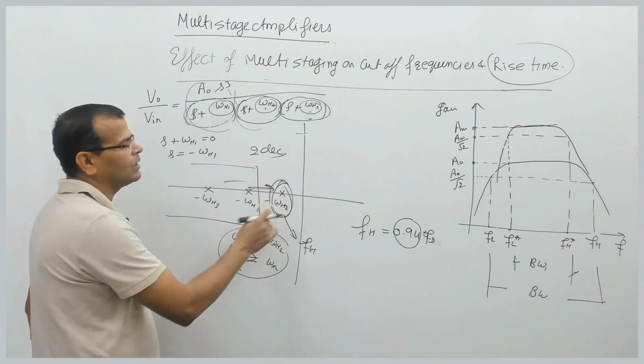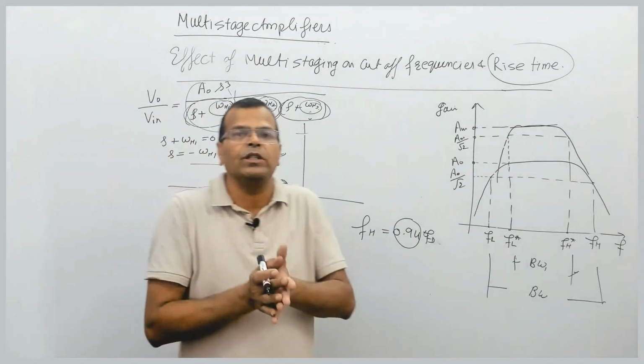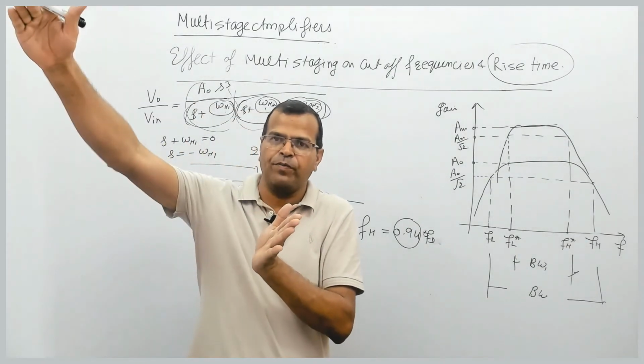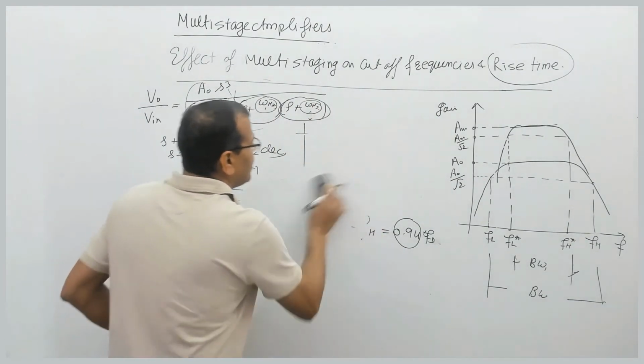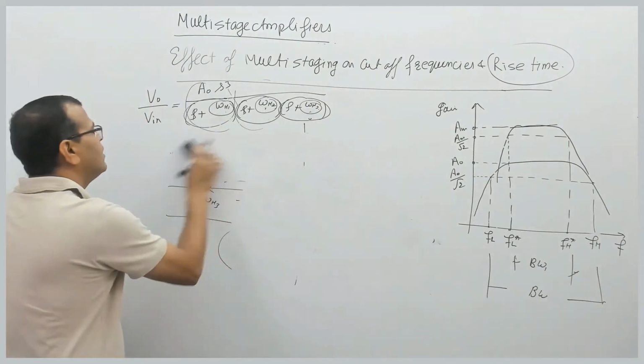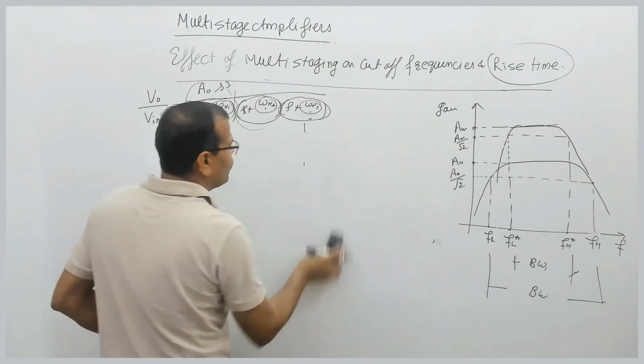And if these poles are closer, meaning the factor is even less, and all the poles are close to each other, not away, then the overall cutoff frequency is given by the formula we talked about, the rise time.